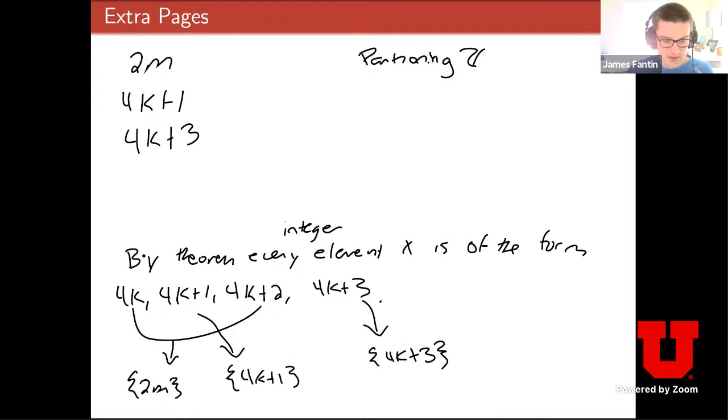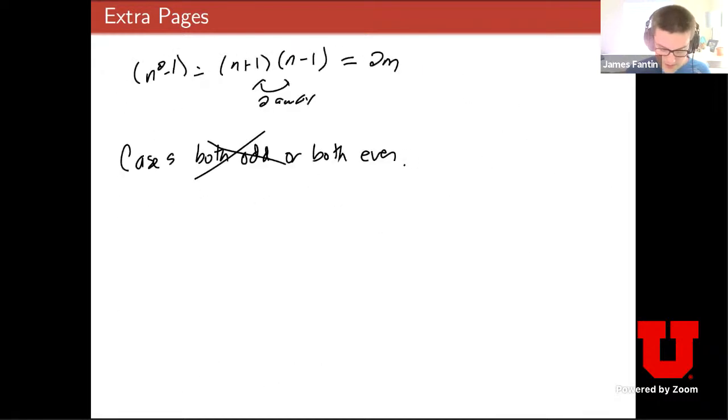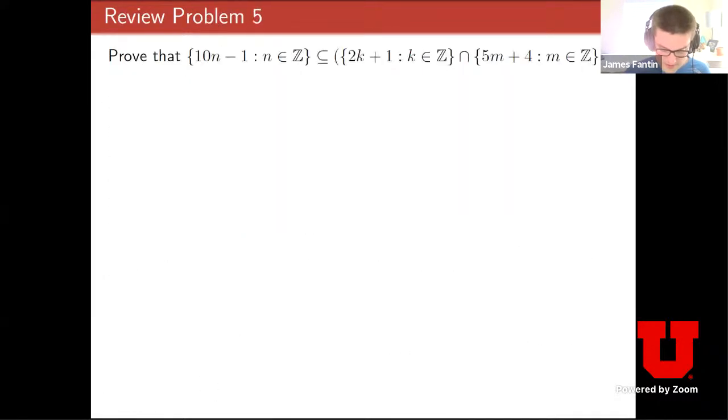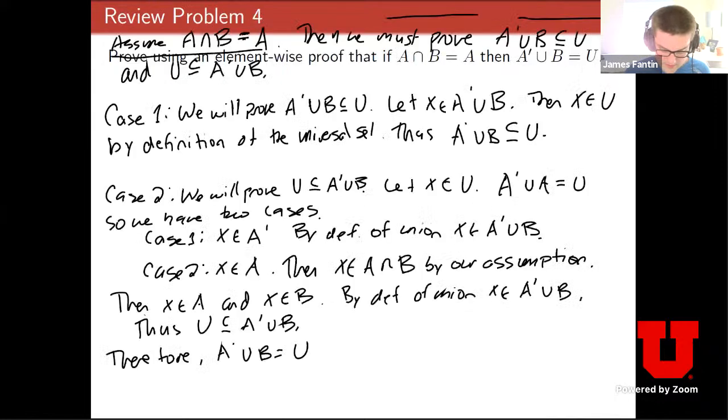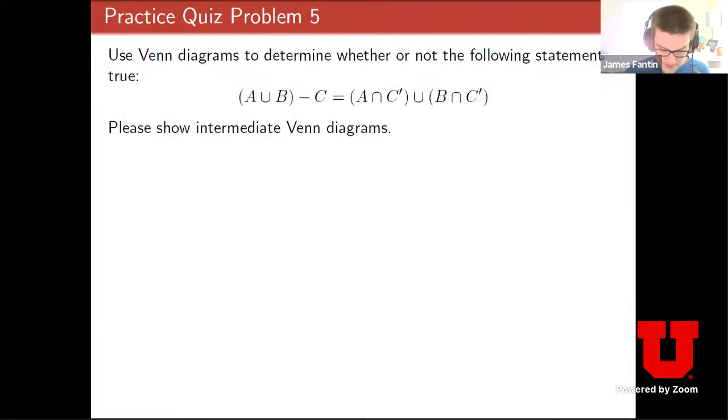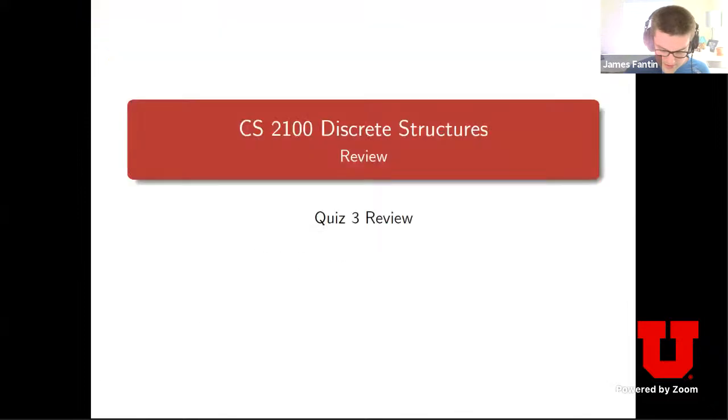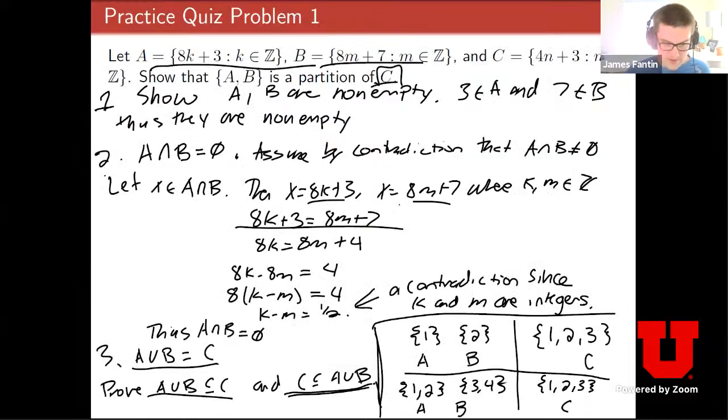Awesome. So can you show how C is a subset of A union B from the last problem? Yeah, I can talk about it. It's a little bit lengthy of a proof, but the basic idea to show that C is a subset of A union B is that we let there be some element in C. So there's some element of the form 4n plus 3.